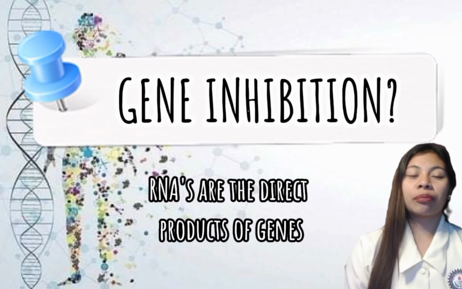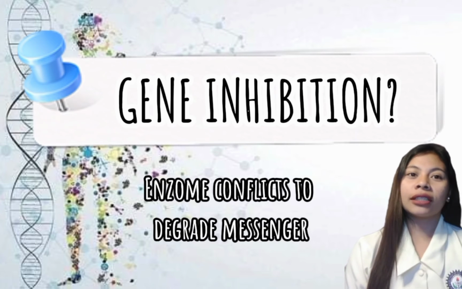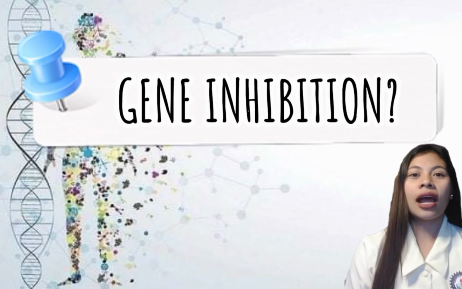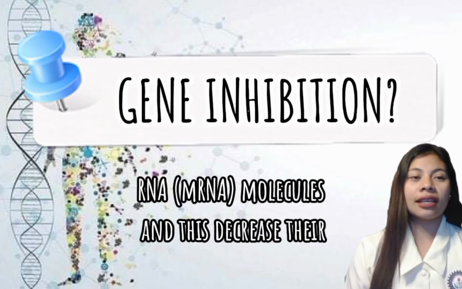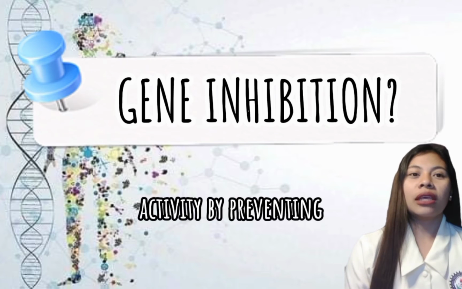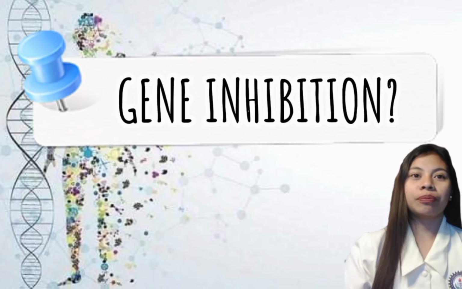RNAs are the direct products of genes, and these small RNAs can be directed to degrade messenger RNA or mRNA molecules and thus decrease their activity by preventing translation, by post-transcriptional gene silencing.